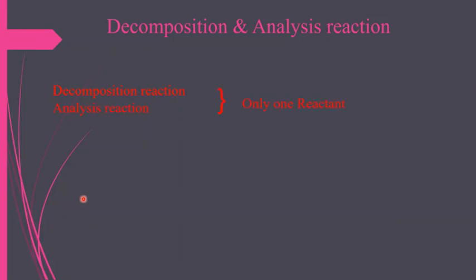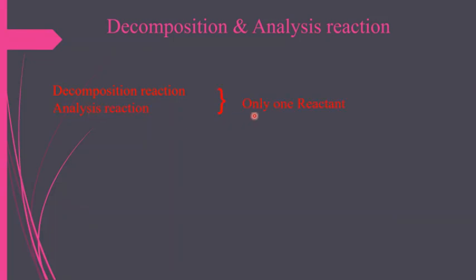Look, all these analysis reactions are also called decomposition reaction, because here one compound is decomposed to make two components or two elements. Now, like addition and synthesis reaction, decomposition and analysis reaction have also similarity.